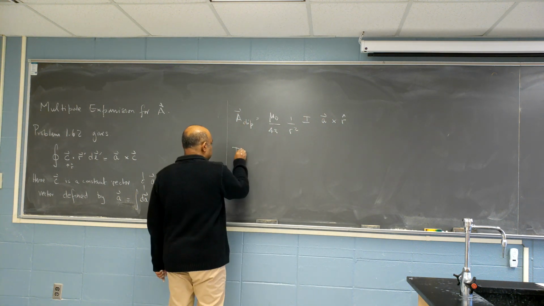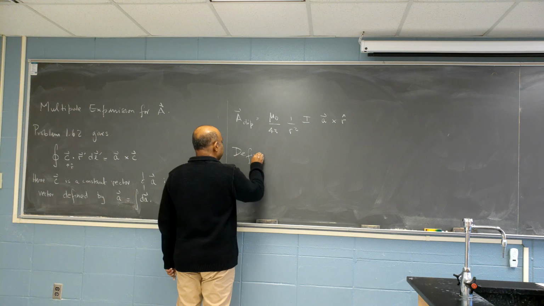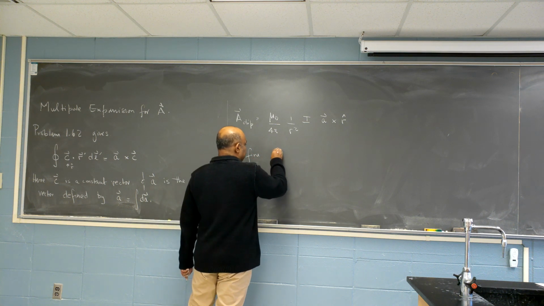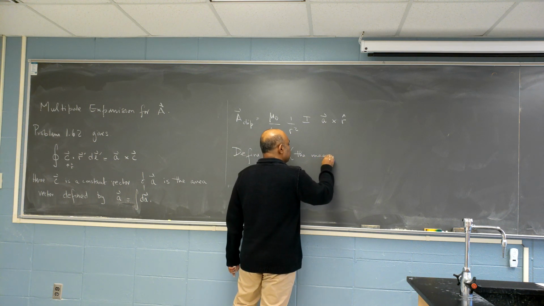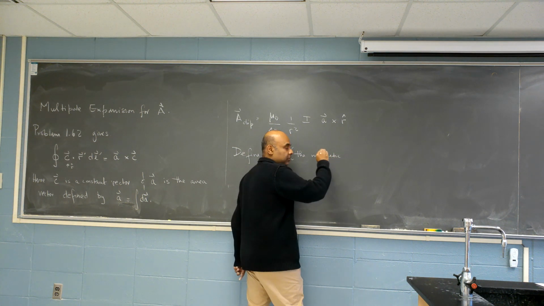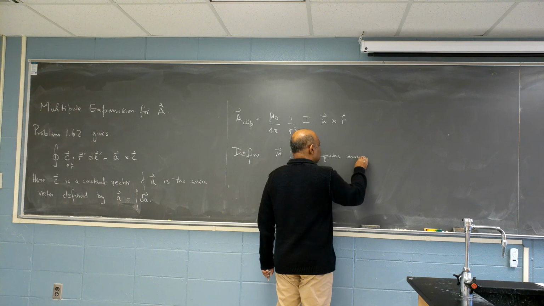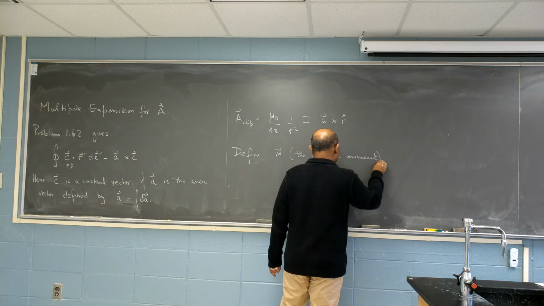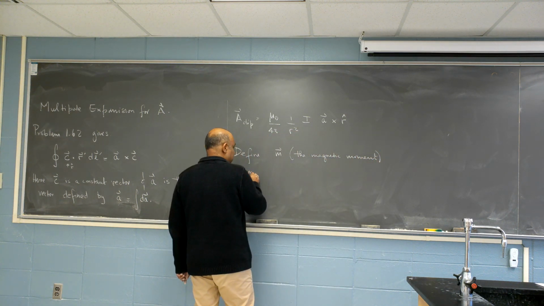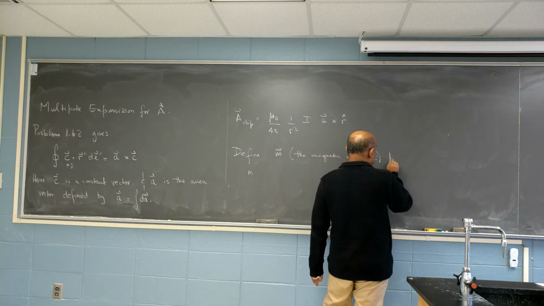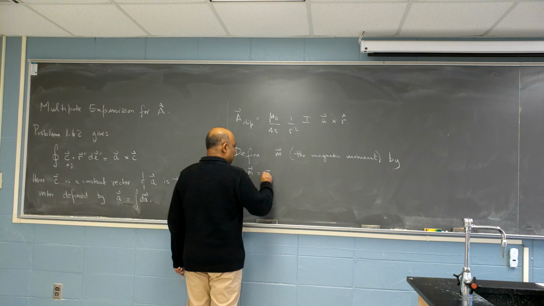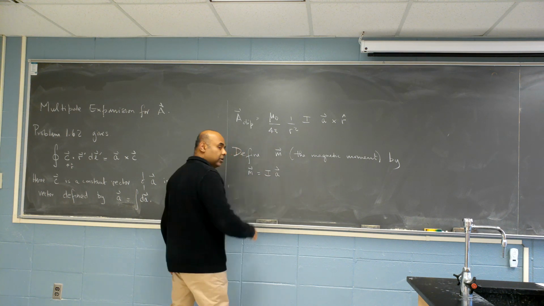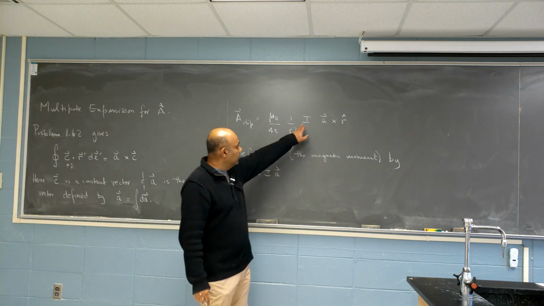Define M, the magnetic moment, by merging the area and the current.